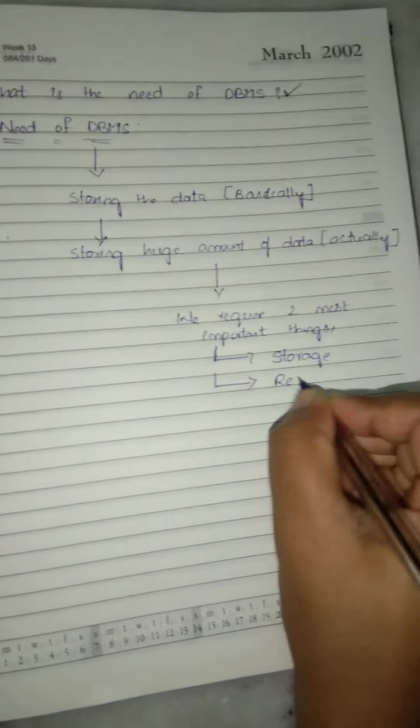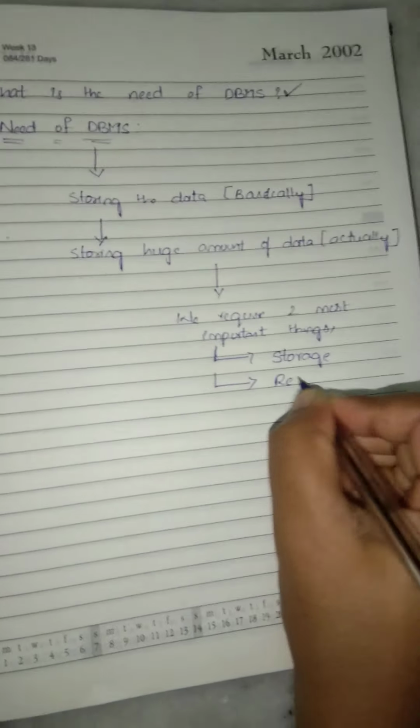So what is the need of DBMS? Basically we use DBMS for storing huge amounts of data, meaning large amounts of data. To store this, we require two most important things: storage and retrieval.